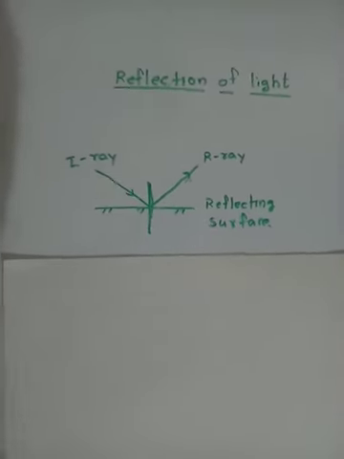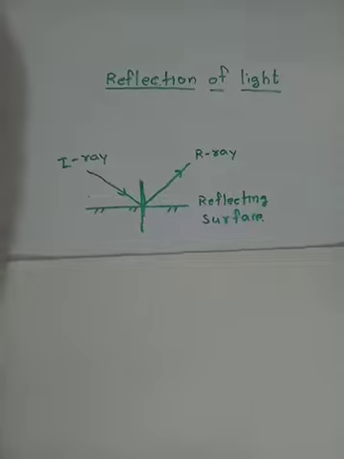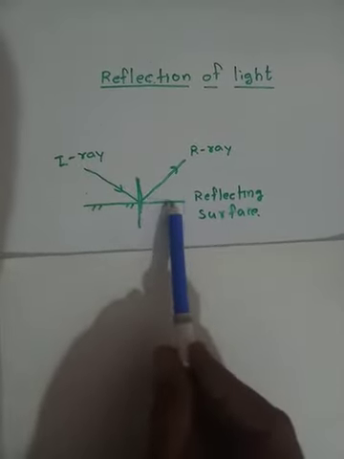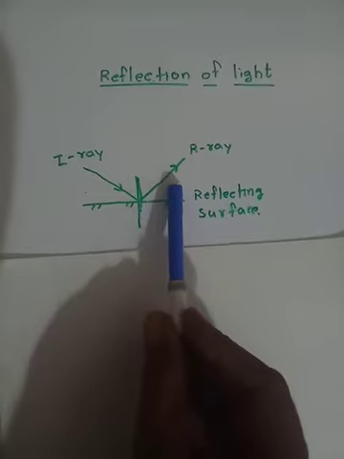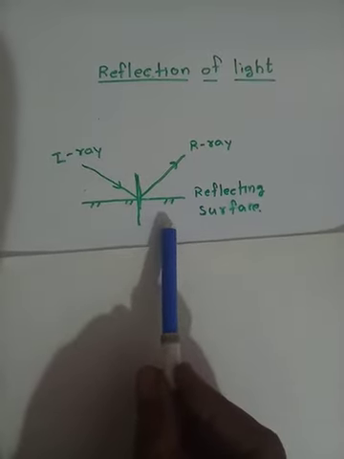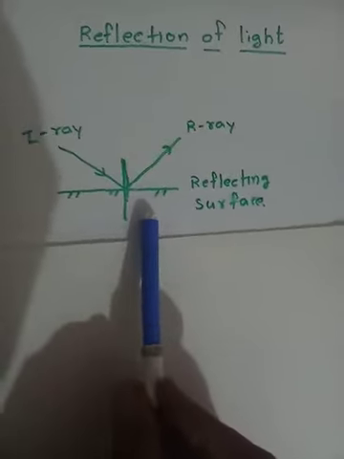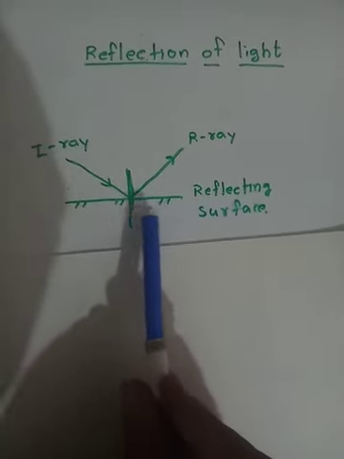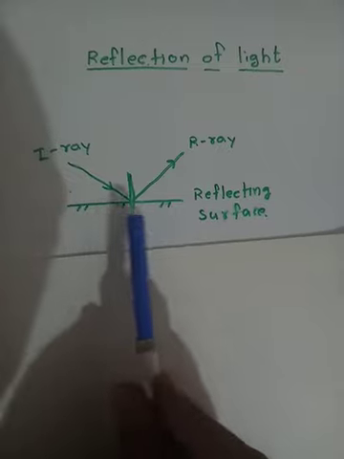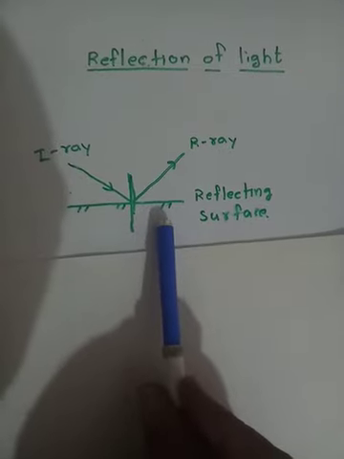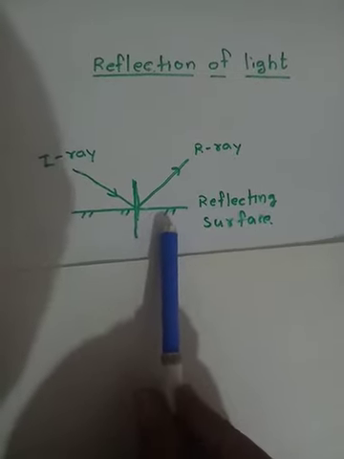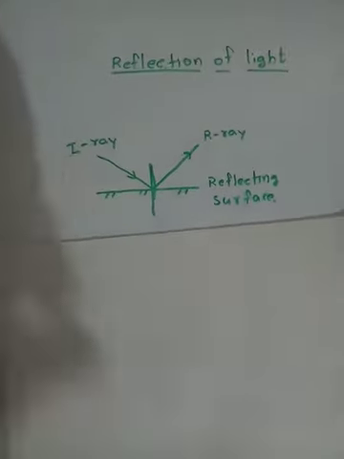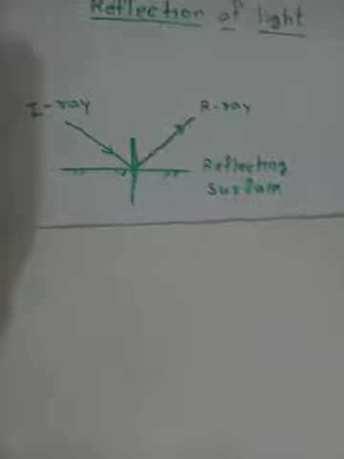You can see in this diagram, this is a reflecting surface. This is the reflecting side, and this is the non-reflecting side. We always indicate the non-reflecting side by drawing these small lines. The opposite part shows the reflecting surface.